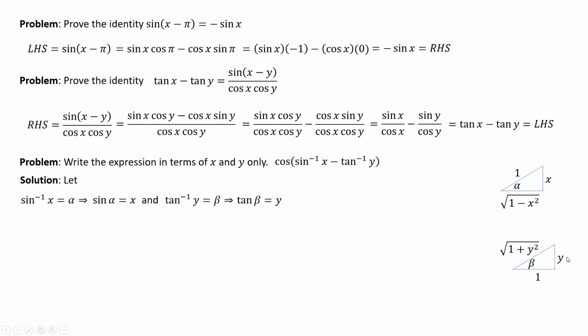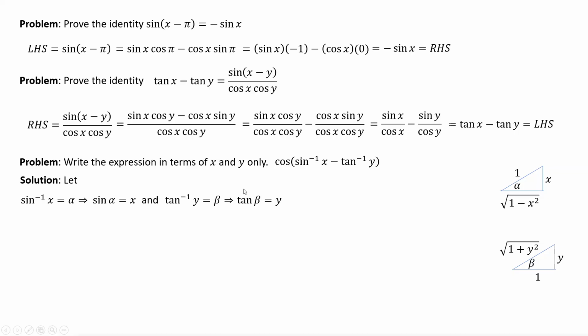Tangent is opposite over adjacent, so the opposite must be y and adjacent must be 1. And from the Pythagoras theorem, the unknown side, which is the hypotenuse in this case, must be square root of 1 plus y squared. So we got this and this.